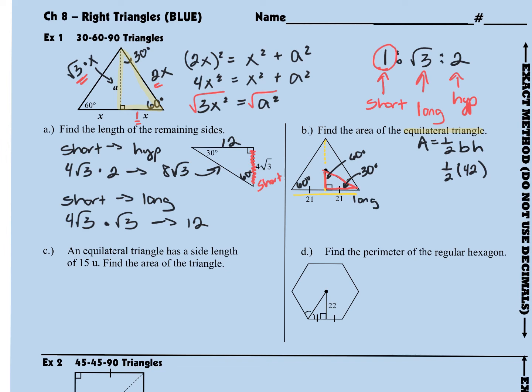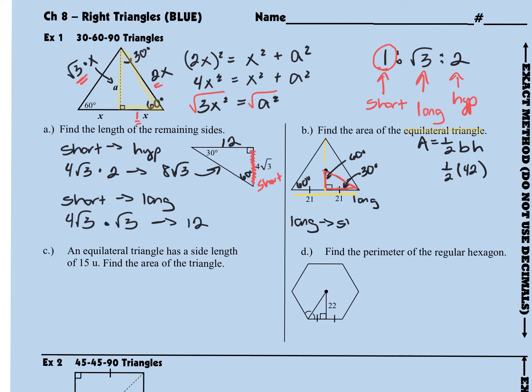Now, to get the height of the triangle, there's a couple ways to get there, but right now we're going to do it the long way with all of our pieces. We're going to go from our long to our short, because remember, the short's the most important. So I'm going to go backwards from the long to the short. I'm going to go from big to small, so I'm going to divide.